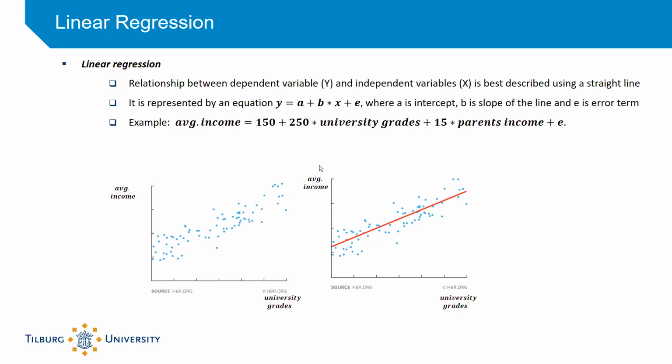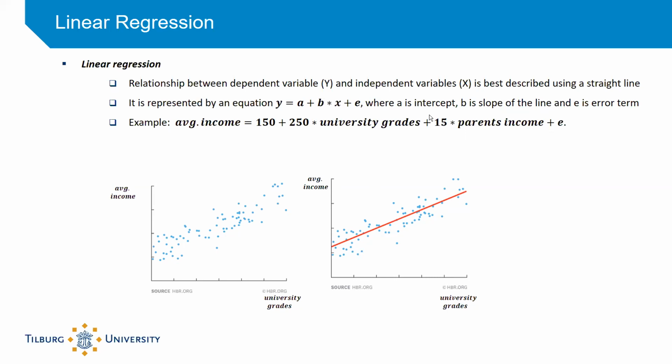So now we have the fitted line, and the line will read something like this. Average income equals 150, maybe 120, plus 250 for each point increase, plus 15 into parents' income and so on.